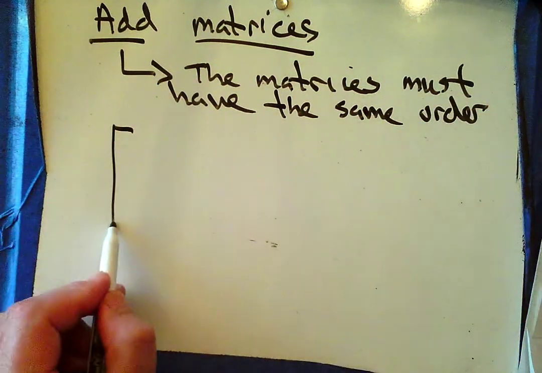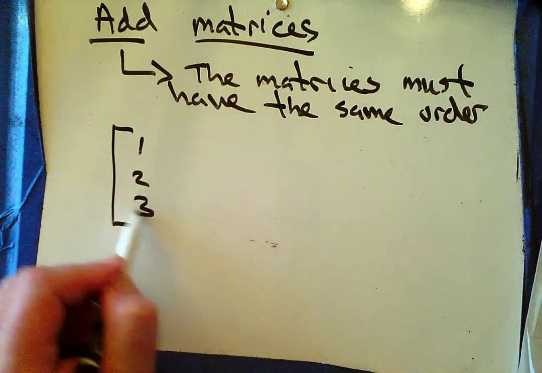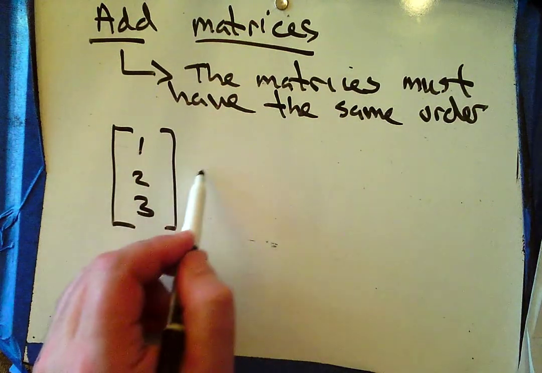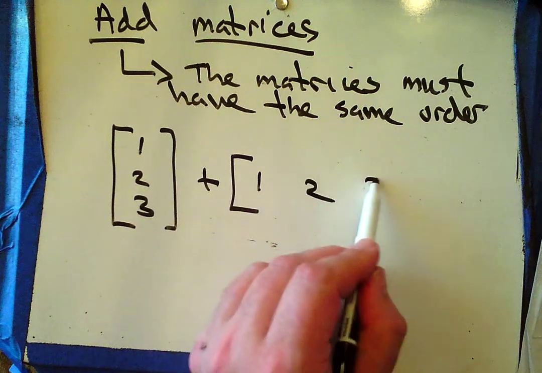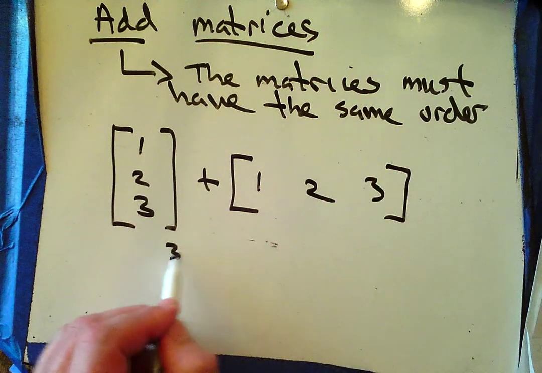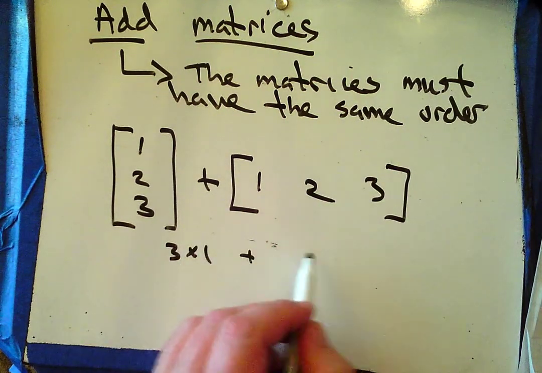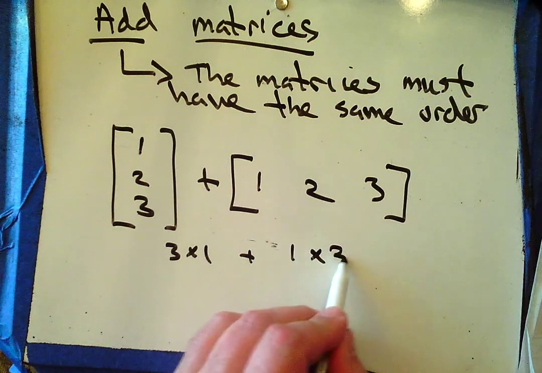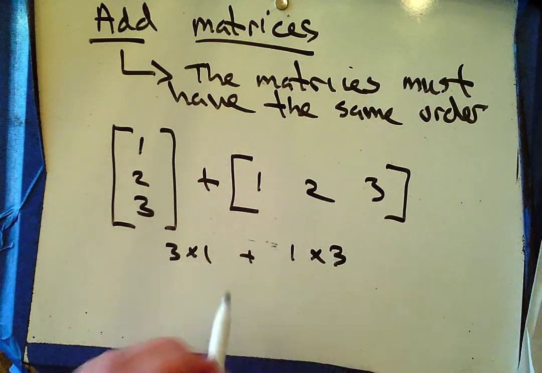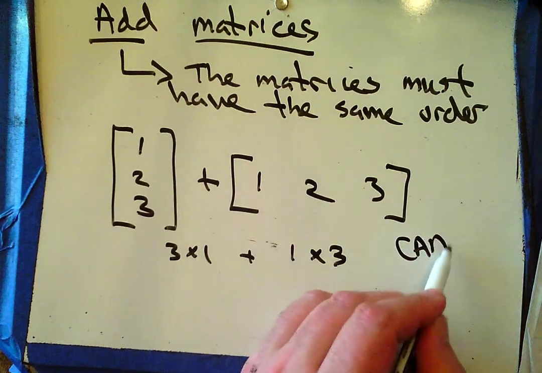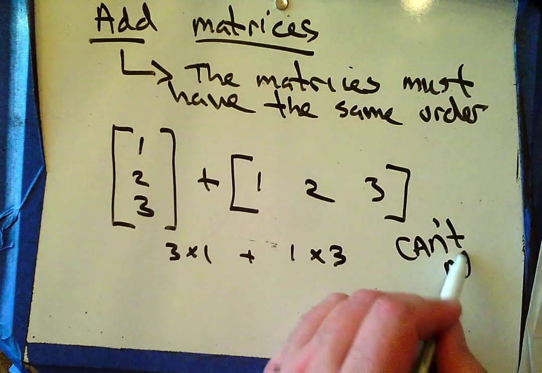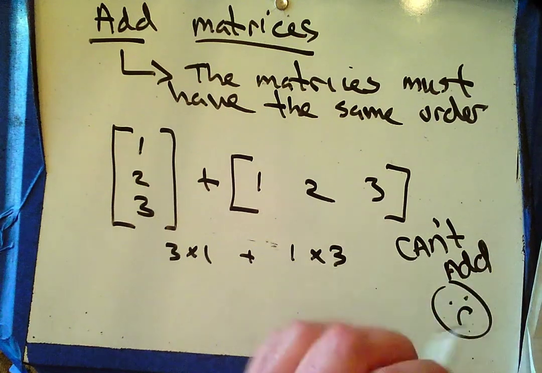So, for example, if I have this 3 by 1, and I want to add it to this 1 by 3, I can't add them because they don't have the same order. And so all I can do is say, sorry, I can't add you.